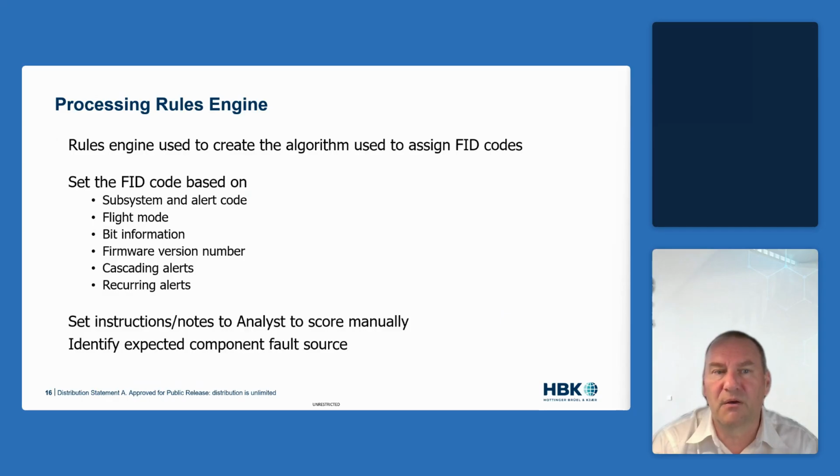We do it in a way that tries as best as possible to replicate the kinds of alert scenarios that come up in the flight. Some of those scenarios are quite simple. Here's a subsystem, here's an alert code, it's in flight, boom, here's the code that you should apply to it. But some of them are more complicated.